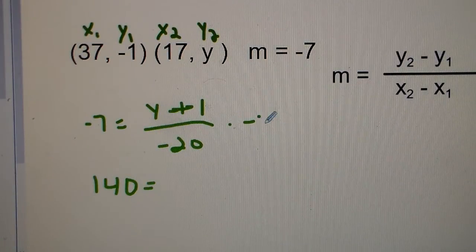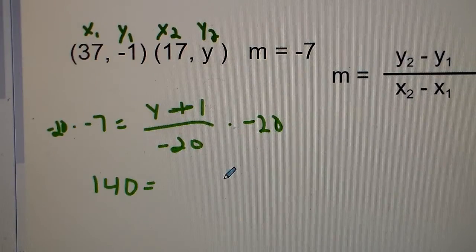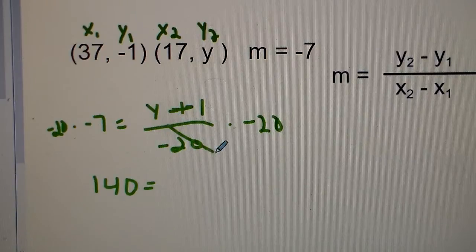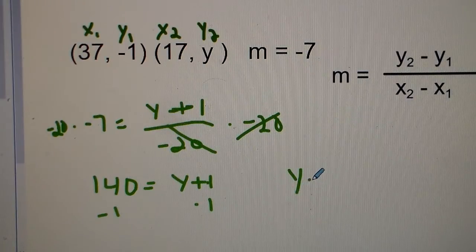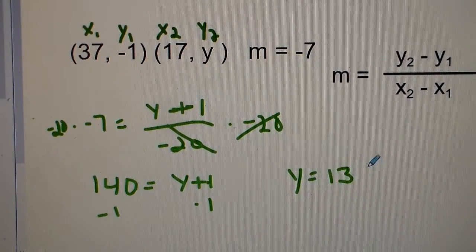Because what I did, I multiplied this side by -20, and I multiplied this side by -20. These two numbers multiplied together get us 140. This guy and this guy cancel out, so you get y plus 1 is equal to 140. Subtract 1 from both sides. And get y equals 139.